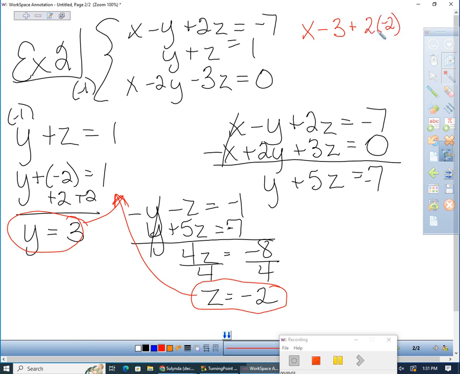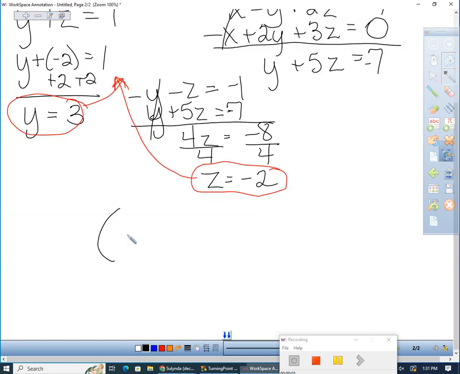Well, negative 2 times 2 is negative 4, equals negative 7. So I have x minus 7 equals negative 7. Add 7 to both sides, and x equals what? 0. What's our last step? Yep. Good. 0, 3, negative 2.